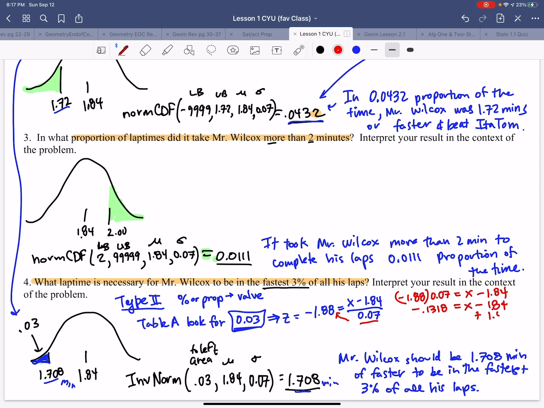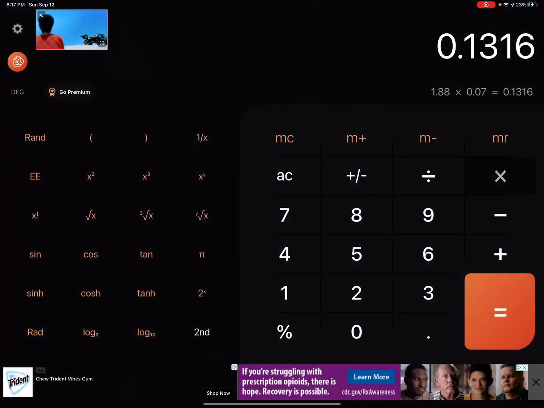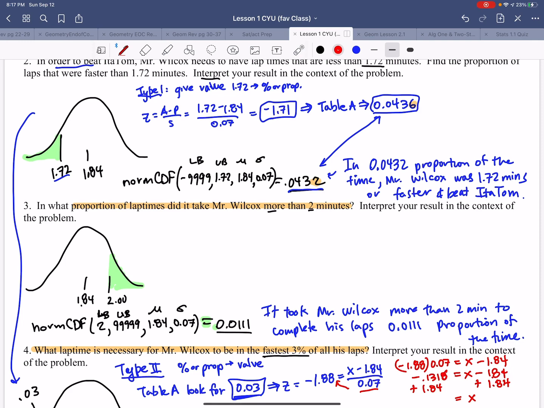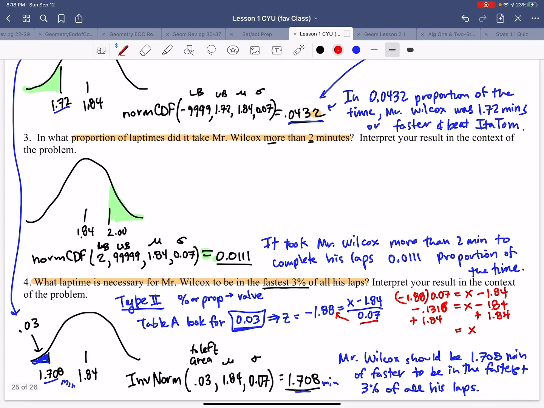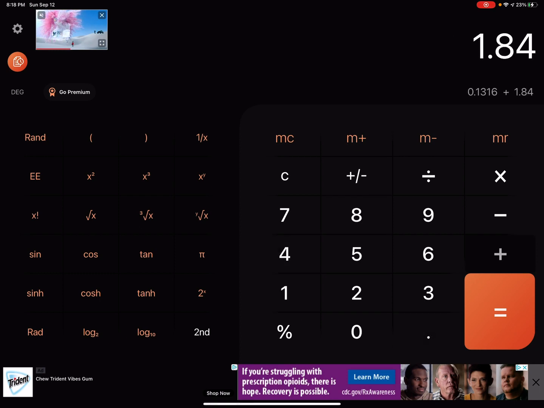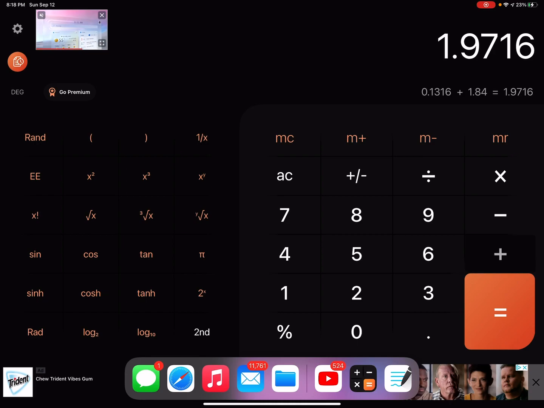Now we want to add this to both sides to get our value. Negative 1316. I thought it was 1318, so I'll change that to a 6. And we're going to add it to 1.84. Plus 1.84, 1.9716.